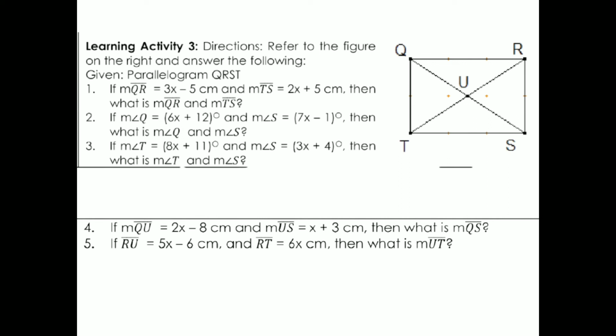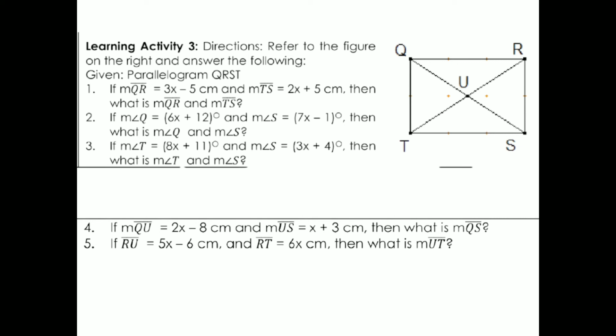So para makuha natin yung length ng side, since sila nga ay pareho ng length, so substitute na lang natin kahit alin doon sa dalawang given na length ng sides, which is 3x minus 5 or 2x plus 5. Substitute natin yung nakuha nating value na 10. So tayo ay mag-a-arrive into 25 cm.